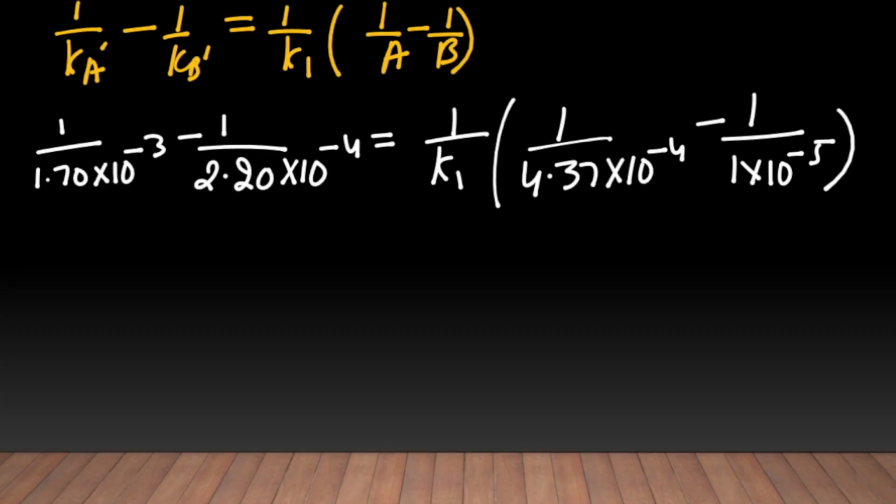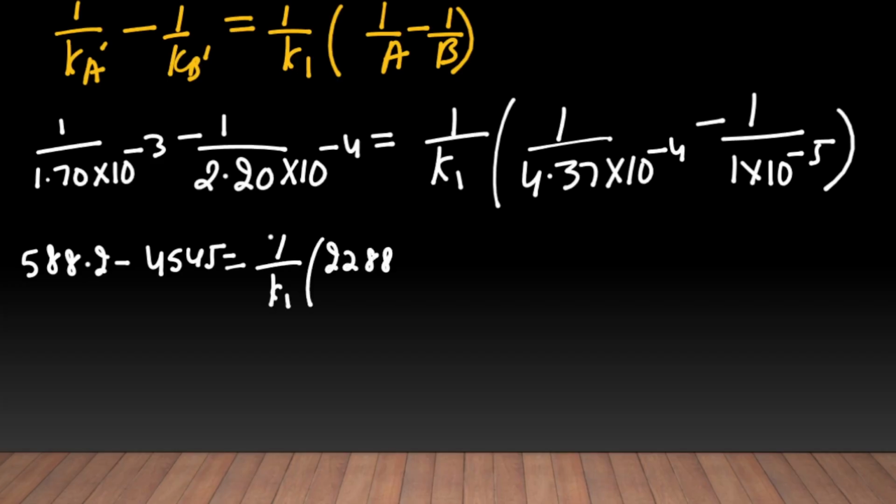In this case, you will get 588.2 minus 4545, equal to 1 upon K1 into 2288.329 minus 10 to the power of 5.